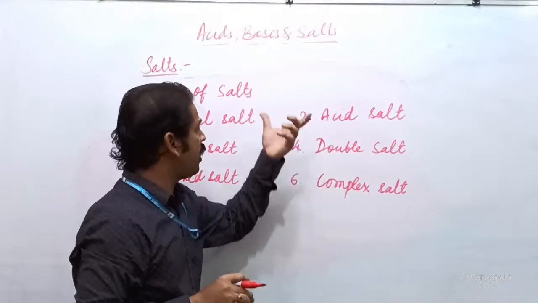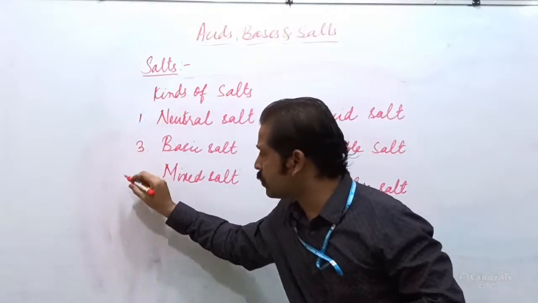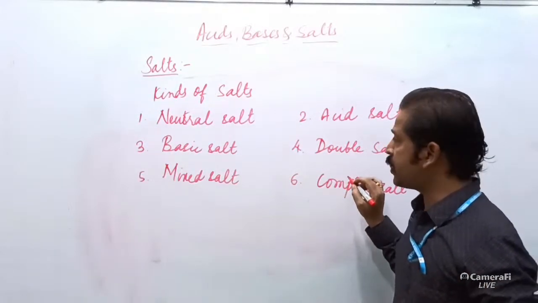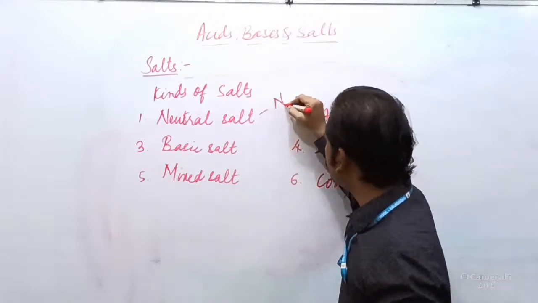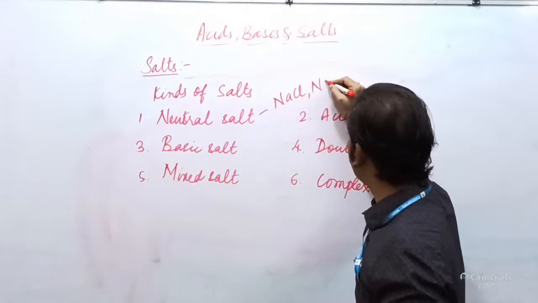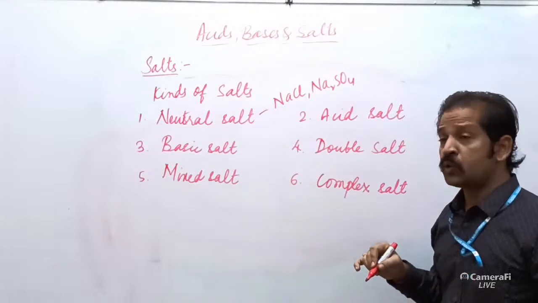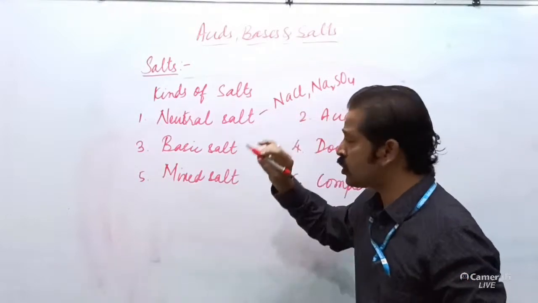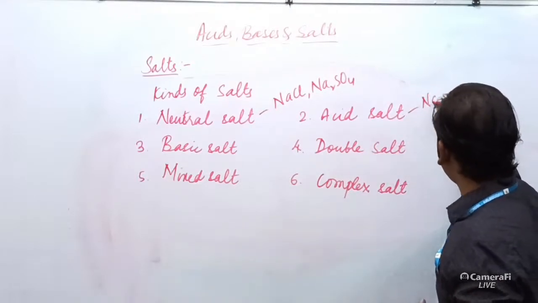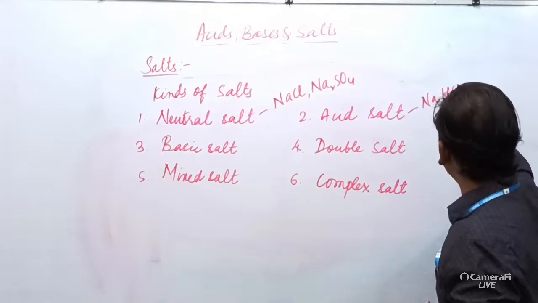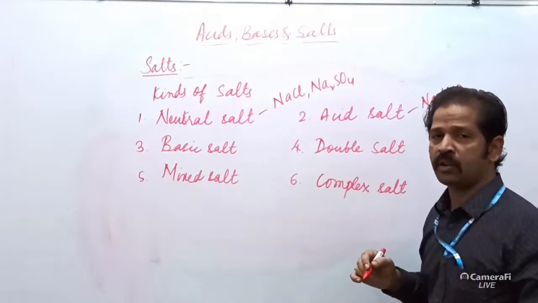Neutral salt, just now we saw one example. Why am I separating it? Because every salt comes under a different kind. Normal salts are sodium chloride or sodium sulfate, which come under neutral salt, and sodium bisulfate comes under the acid salt.